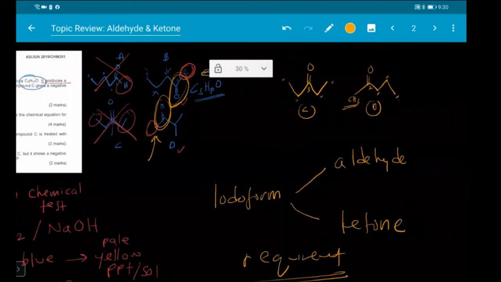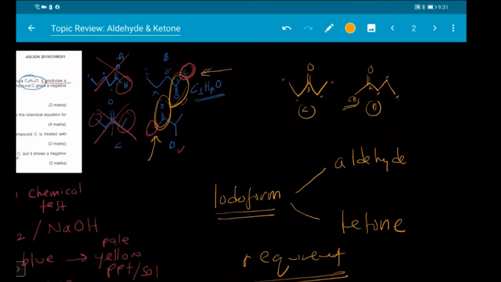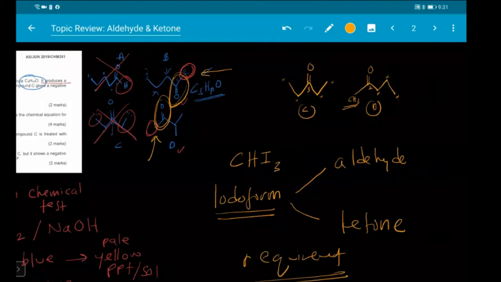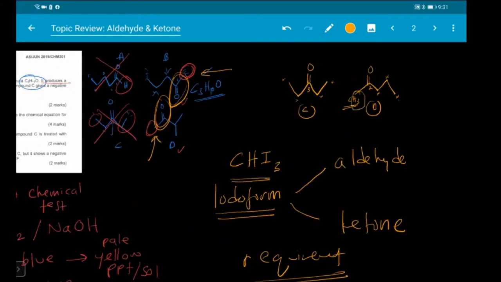Kita berbalik pada nama test ni adalah iodoform. What does iodoform mean? Iodoform is CHI3. In order to form the CHI3, dia perlukan 3 hidrogen ni untuk ditukarkan pada iodine.